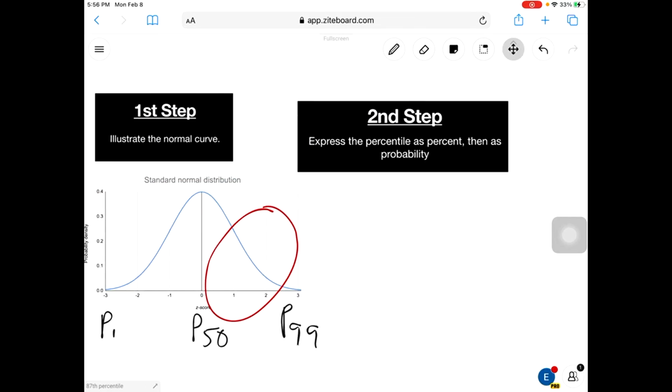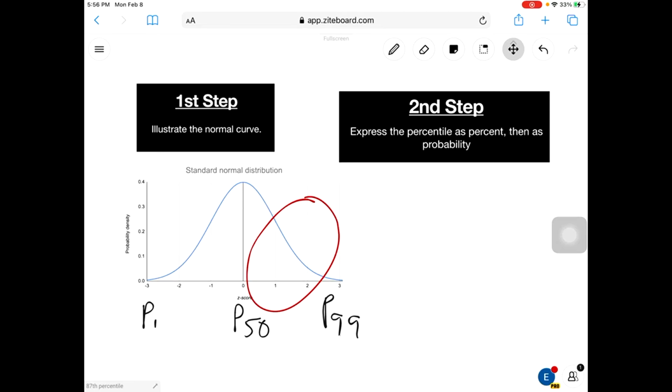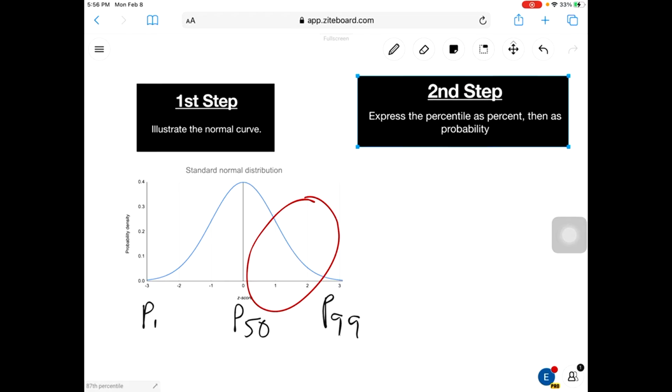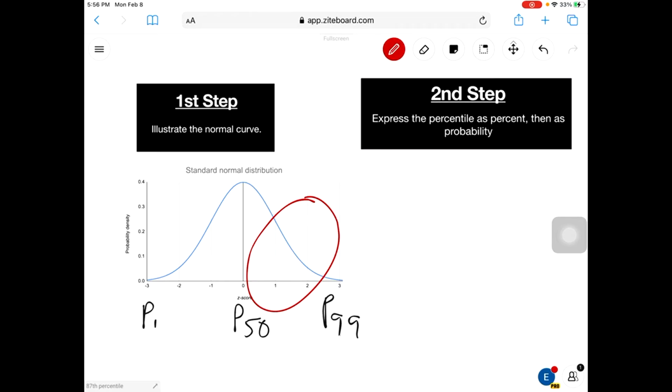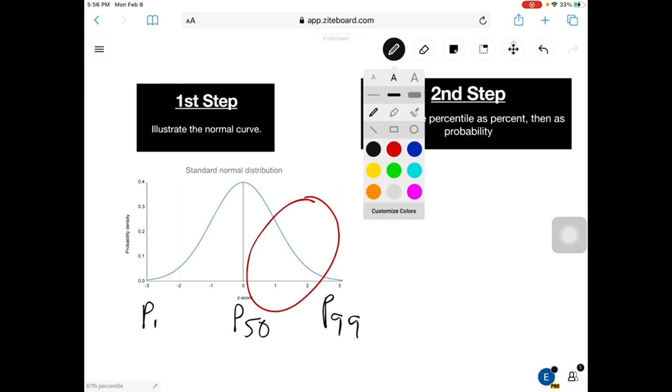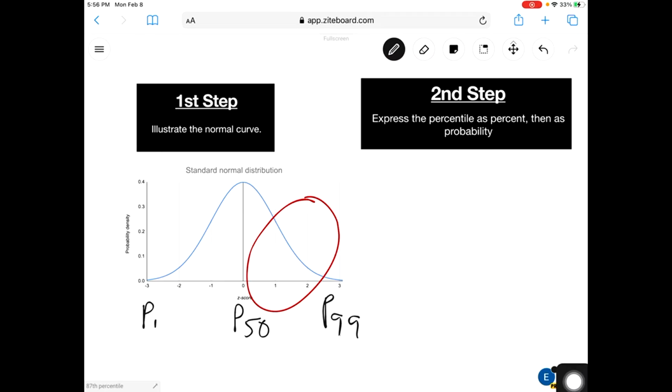Now, the next step is for us to express the percentile as a percent and then as a probability. So expressing it as a percent, we have 87%, or as a probability, it's 0.8700.